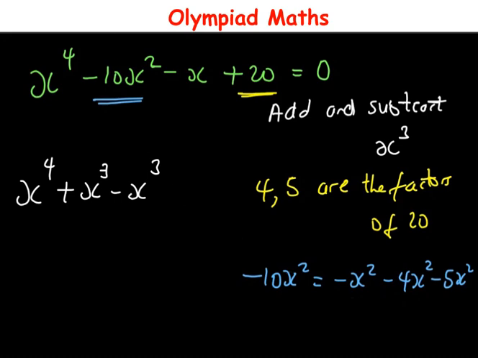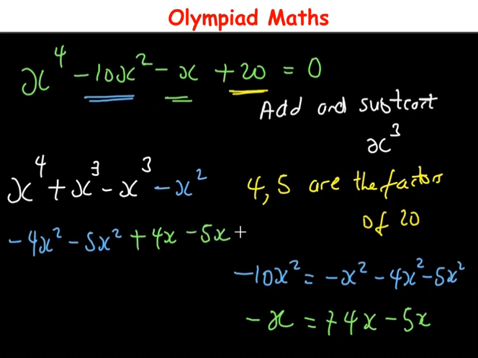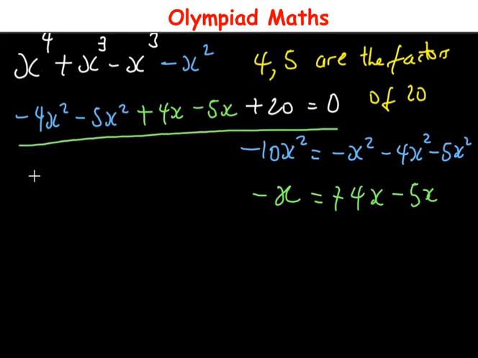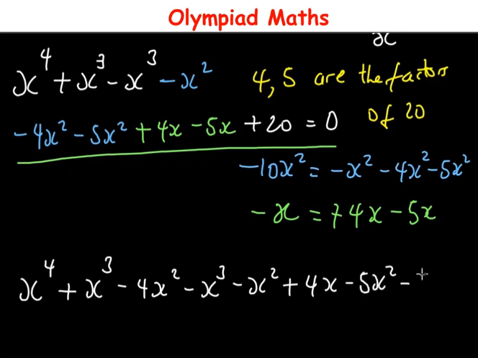Also, instead of writing minus x, it can be written as plus 4x minus 5x, such that this equation then becomes x raised to power 4, plus x raised to power 3, minus 4x squared, minus x raised to power 3, minus x squared, plus 4x, minus 5x squared, minus 5x, plus 20, and this equals 0.